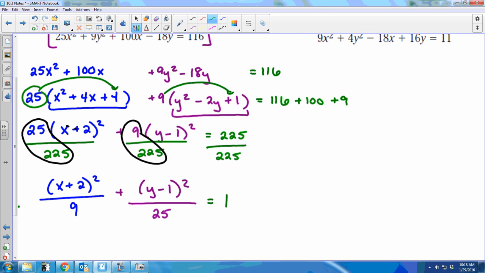Once I have the standard form of the equation, I can do everything that I asked you to do yesterday. So I'll ask you some simple questions. What's the center of this ellipse? -2, 1. Is this ellipse horizontal or vertical? Vertical, because the larger denominator is under the y.